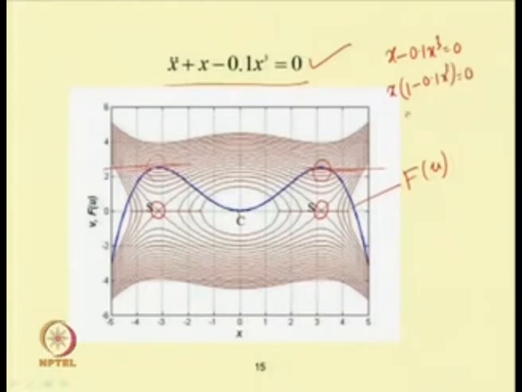So from this, either x equal to 0 or x square equal to 1 by 0.1, that is 10, so we can have x equal to plus minus root 10. So, we have 3 equilibrium positions, and one is x equal to 0.